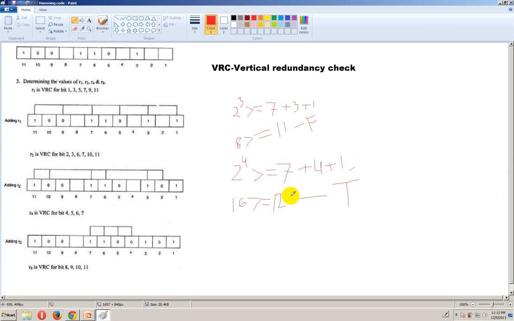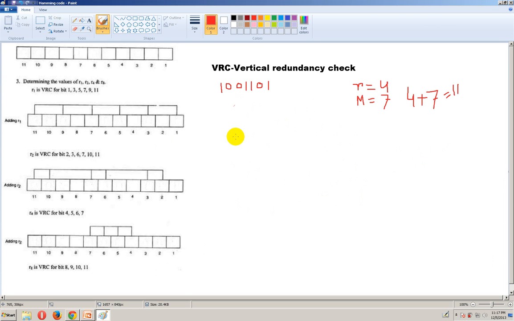So we get r equals 4. We already know r is 4, so now let's move to the next step.